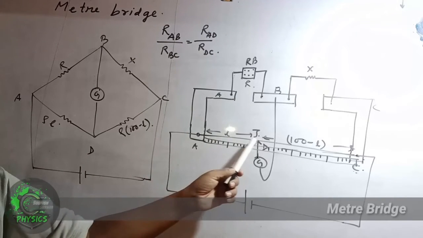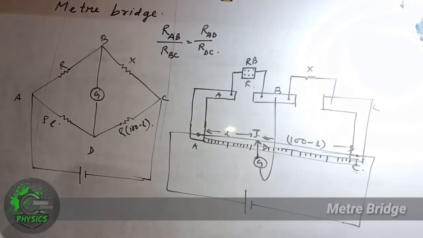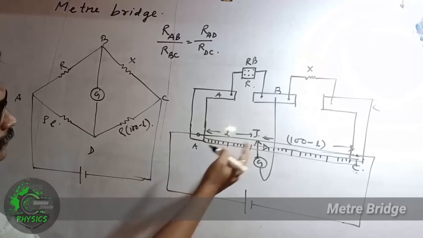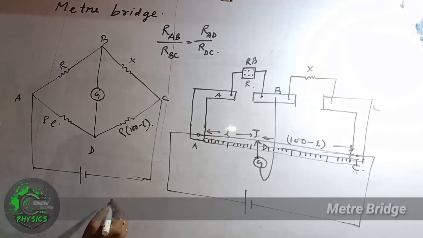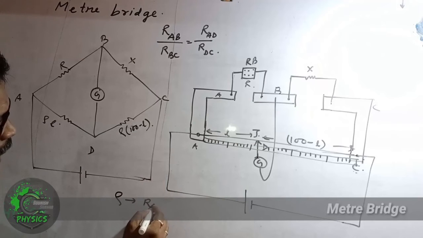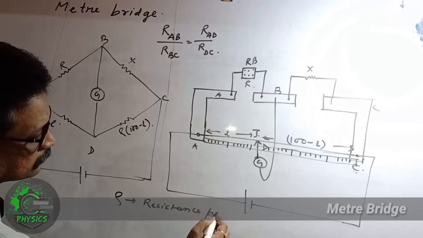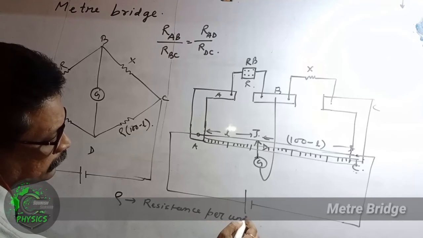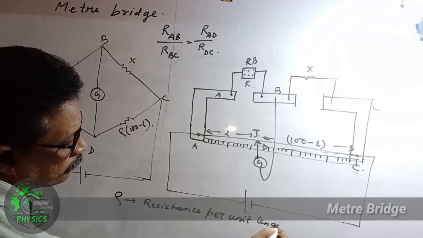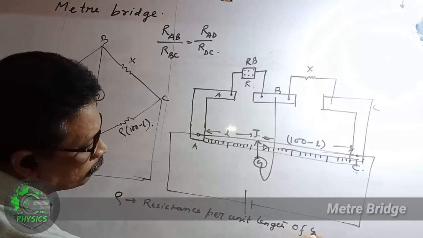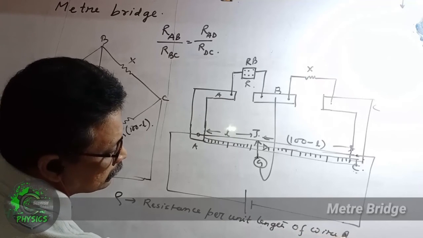Now, at length L, if we get the bridge as a balanced bridge, then what is the resistance of the length L? Let rho be the resistance per unit length of wire AC.